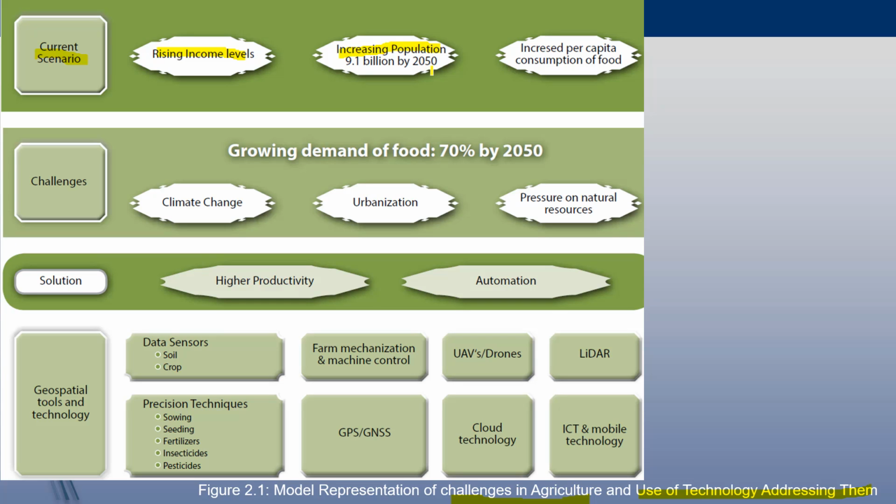It is estimated that around 2050 the population of India would cross about 9.1 billion, and as the population increases, the per person consumption of food is also increasing. People nowadays are consuming more food than 40 or 60 years ago.